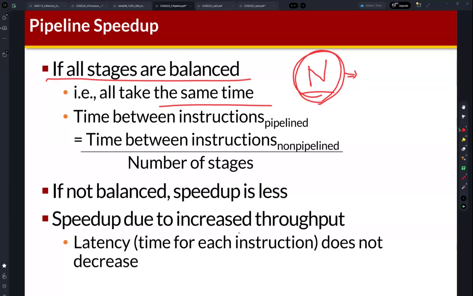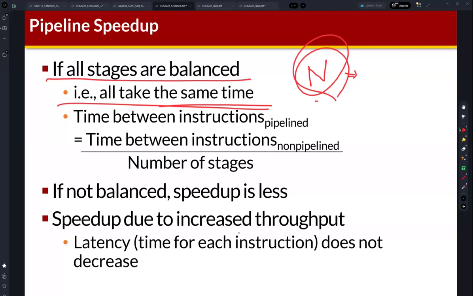So the expected speedup is the same as the number of pipelining stages, so n. But the condition is that all stages take the same time. Okay?